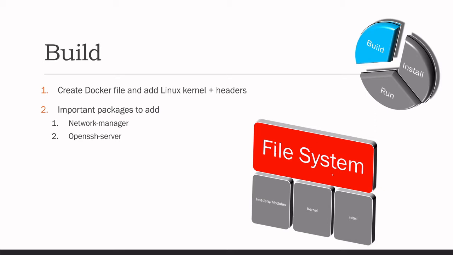Basically what I did was I saw the same thing, that the file system inside the Docker container, if you do an ls on it, is composed mostly of the files.